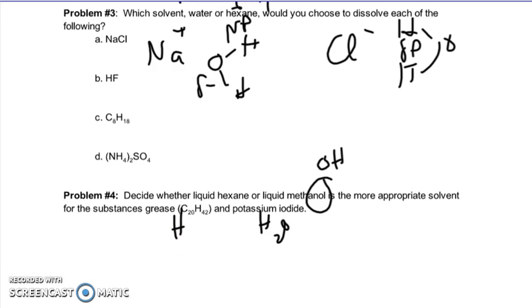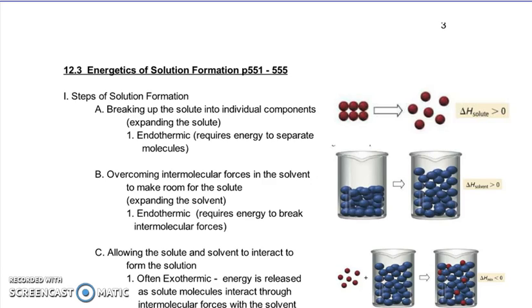To the next page. All right, I alluded to something in section 12.2 about the idea of breaking things up and having those attractions. So we're going to talk about the energies involved now in what's happening here, endo or exo. If I were to break apart a solute, that involves energy.